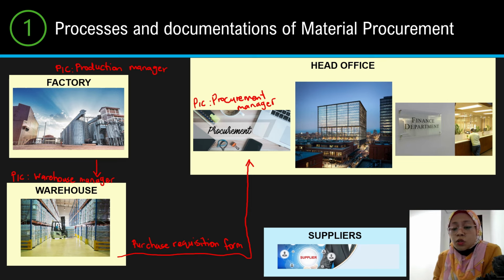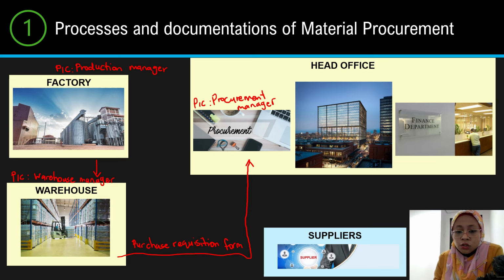A purchase requisition form is a form where the warehouse manager fills up the number of items or components, the type of component, how much they are needed and when they are needed.